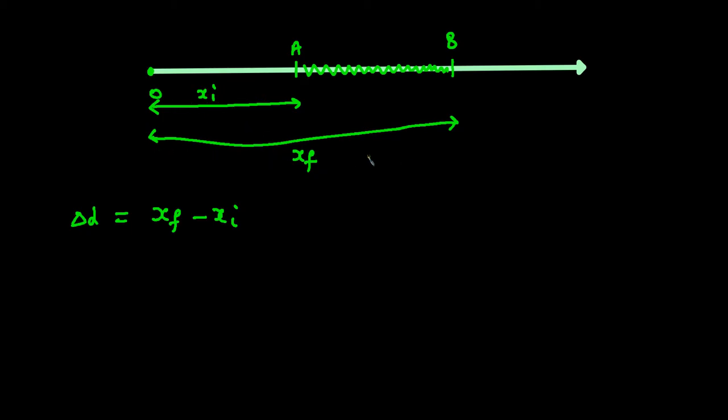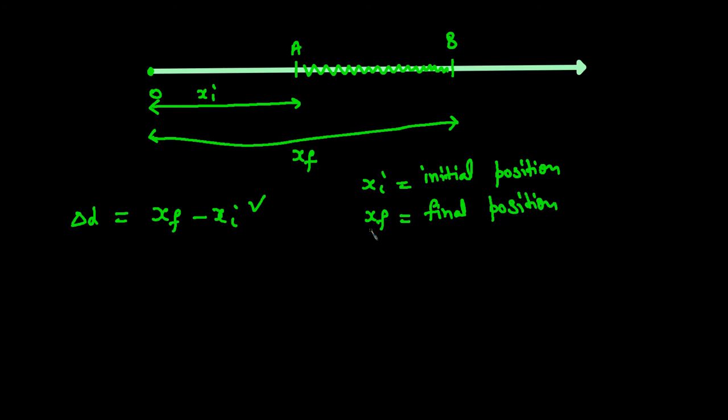So xf minus xi gives you the displacement. So I'm going to write it here. xi is my initial position on a number line, and xf is the final position, and xf minus xi gives me the displacement.